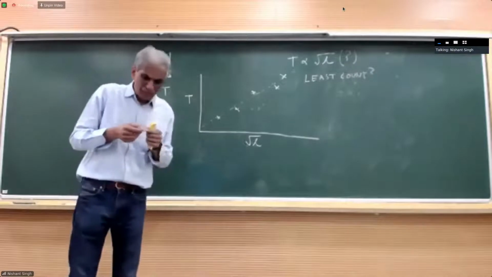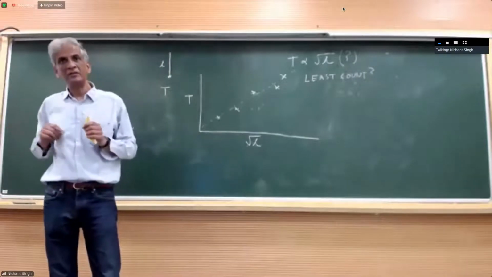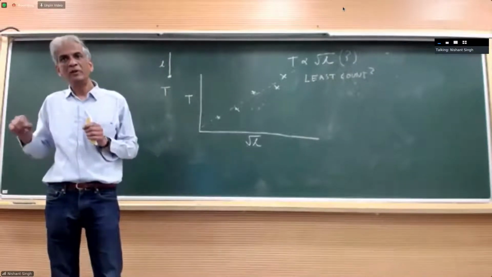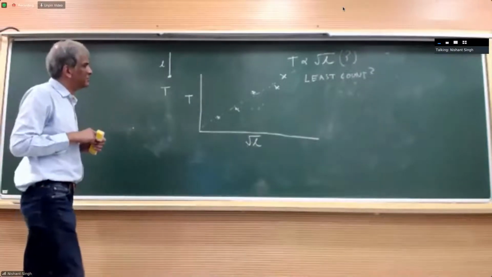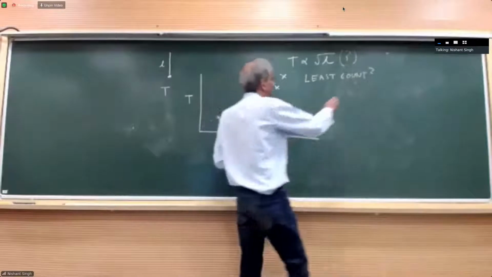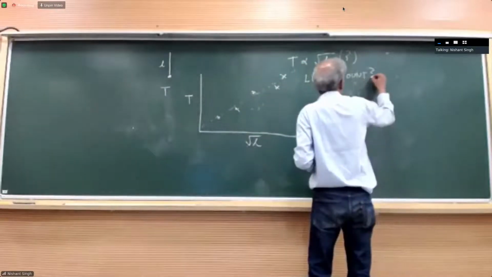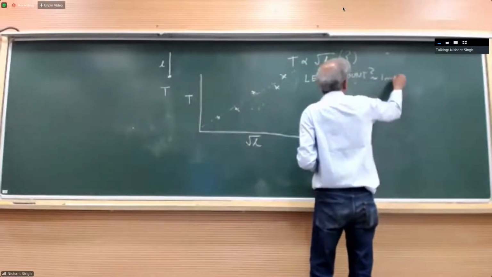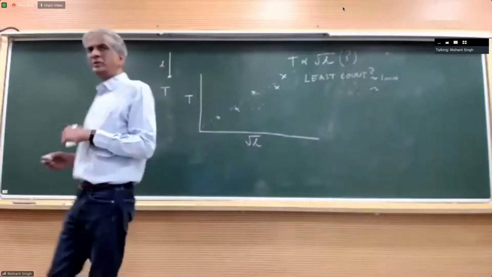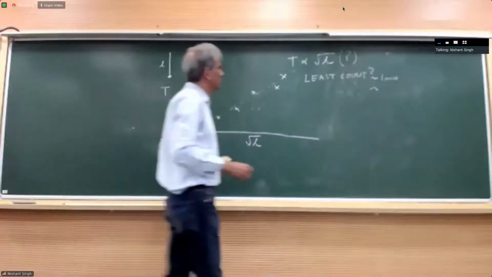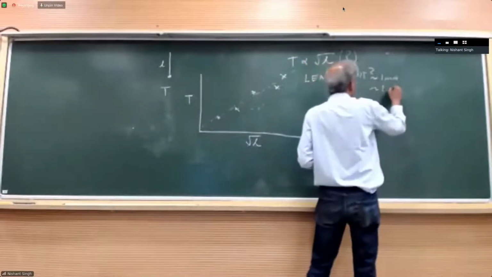That means it has markings only up to a millimeter. Since it's marked only to a millimeter, I will not be able to tell anything between millimeters. The least count for L is 1 millimeter, and for your stopwatch, maybe it's like 1 millisecond.